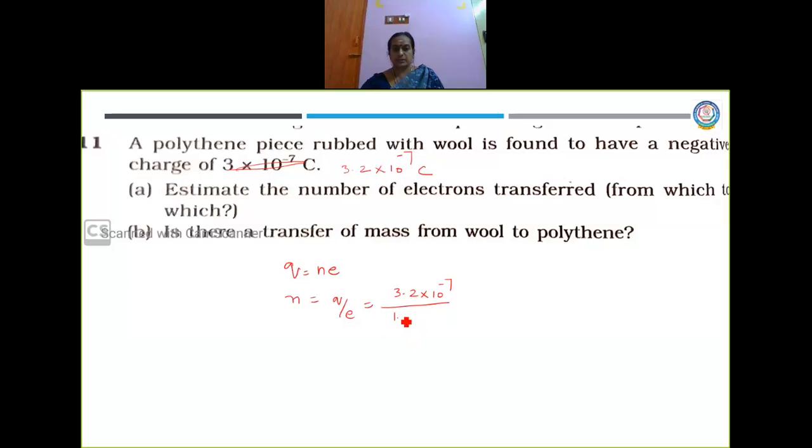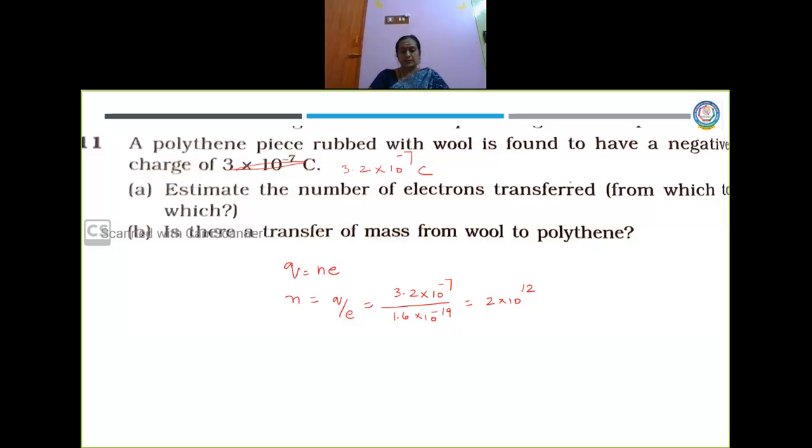Charge of an electron is 1.6 into 10 power minus 19. So what should be the answer? It is 2 into 10 power, when this 19 goes up, it becomes plus 19. So 10 power minus 7 into 10 power plus 19 will be 10 to the power of 12. So this many amount of electrons has been transferred.